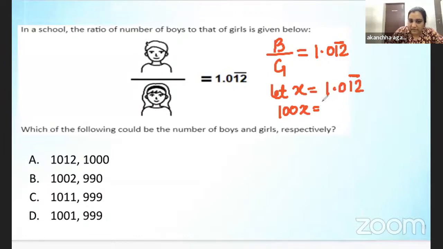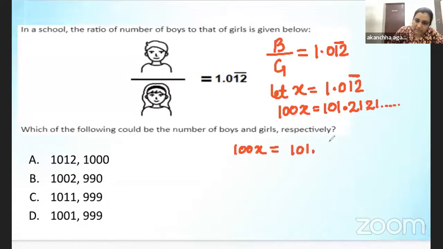So if we take 100x, we'll get 101.2121 and so on. Right? So let me write 100x first. 100x is equal to 101.2121 and so on.